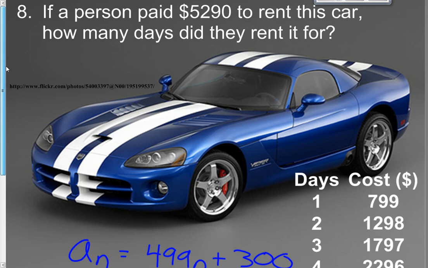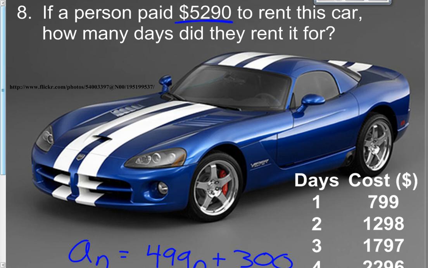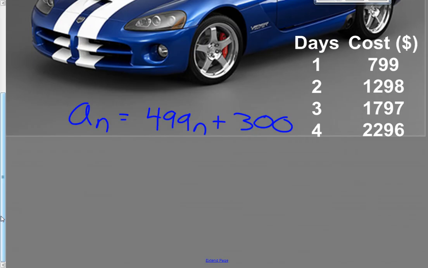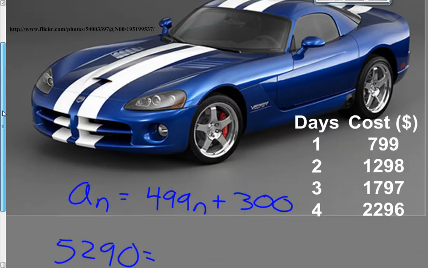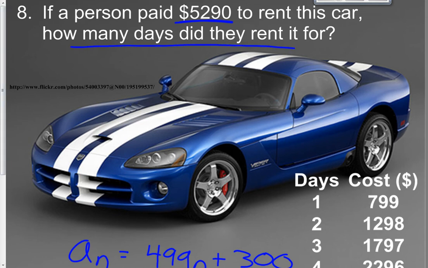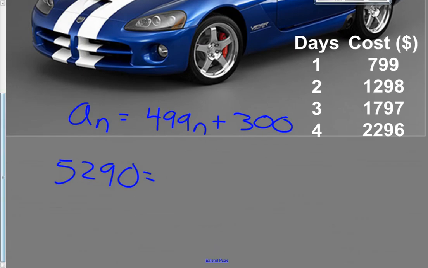He spent this much money. So that value goes in for a sub n, $52.90. What we want to find here is how many days did they rent it for. We want to find the value of n, because that's how many days it was rented for. That equals 4.99 multiplied by n plus 3.